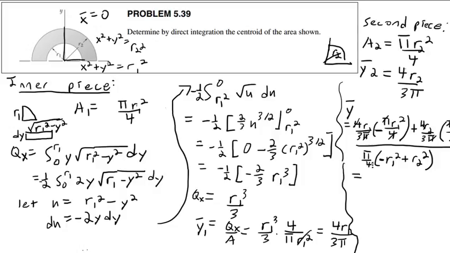So this is going to be, let's see, R2 to the third over 3 minus R1 to the third over 3, divided by R2 squared minus R1 squared, times pi over 4, like so.